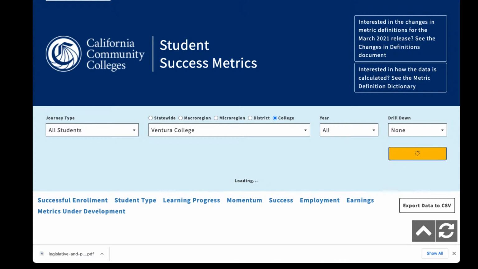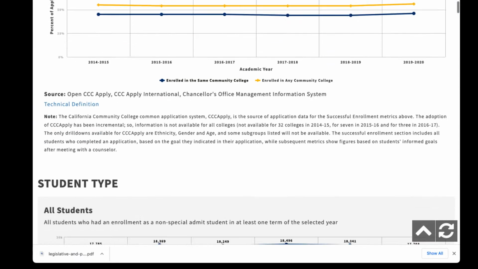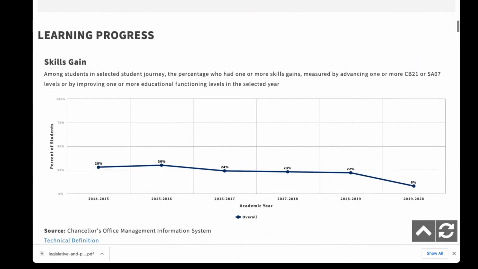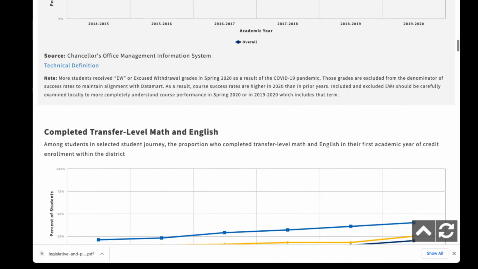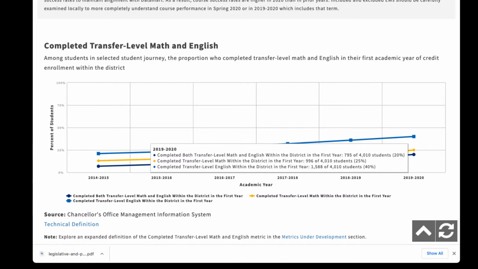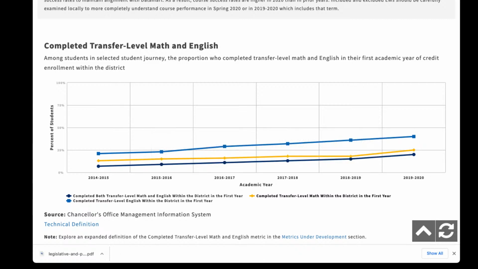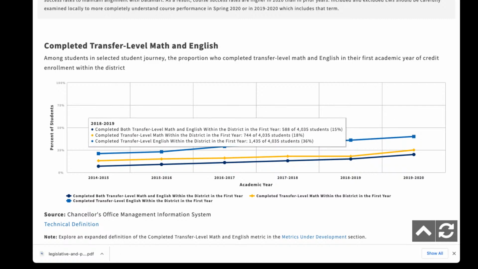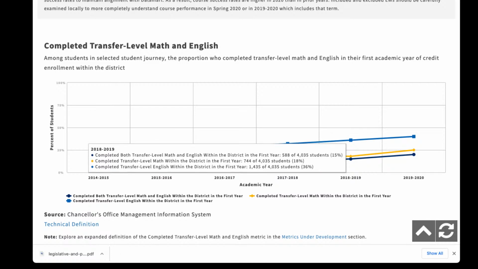So what I'm doing here is I'm going to view the success rate data for Ventura College in math and English. So as you guys can see, in fall 2018, it looks like English is the blue.